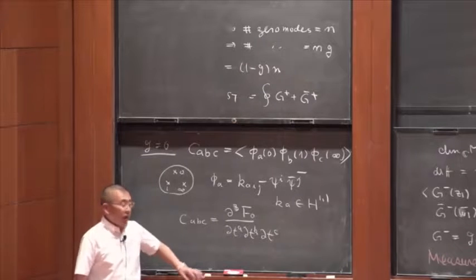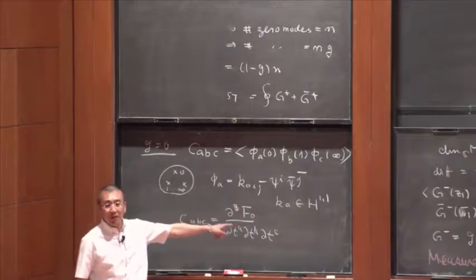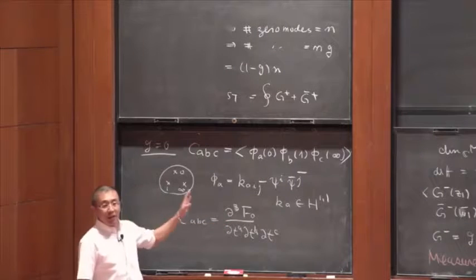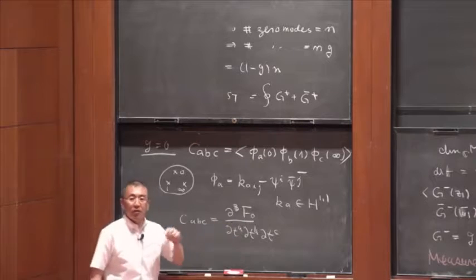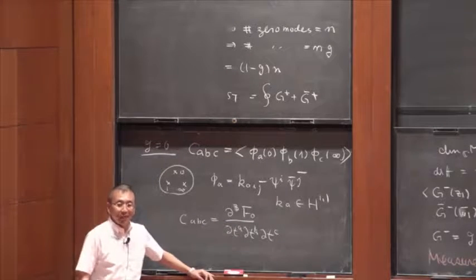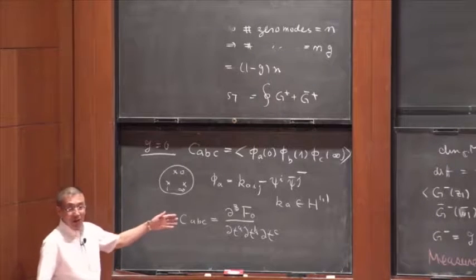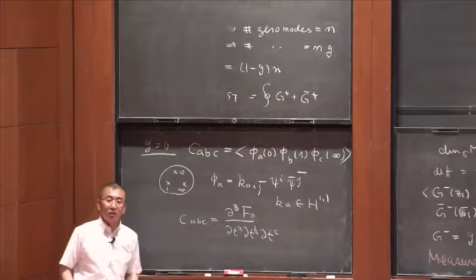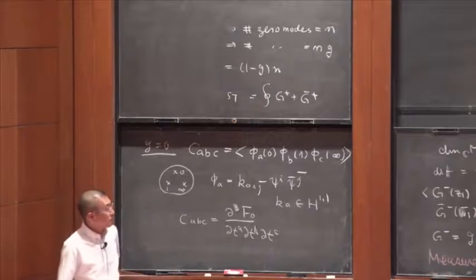And in fact, I hope I will get to that tomorrow, but in an appropriate limit of Calabi-Yau compactification, the low energy dynamics becomes N=2 gauge theory. And in that case, F0 is related to the so-called Seiberg-Witten solution to the prepotential. So I hope to describe the relation between this type of computation, the geometry of Calabi-Yau, and the Seiberg-Witten solution to the supersymmetric gauge theories.